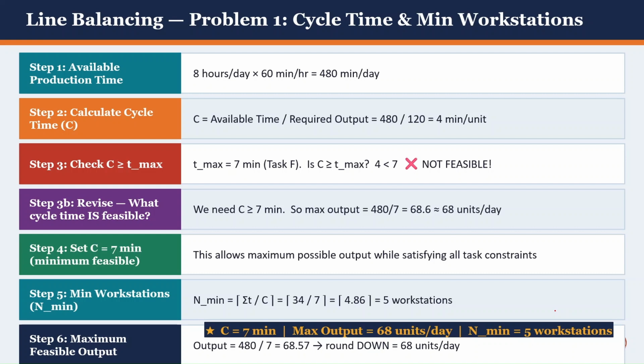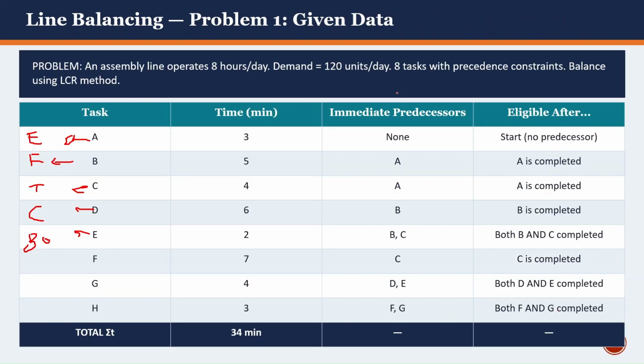Next, we have to check whether C is greater than T max. Is the cycle time greater than T max? T max is the maximum time among all the operations.